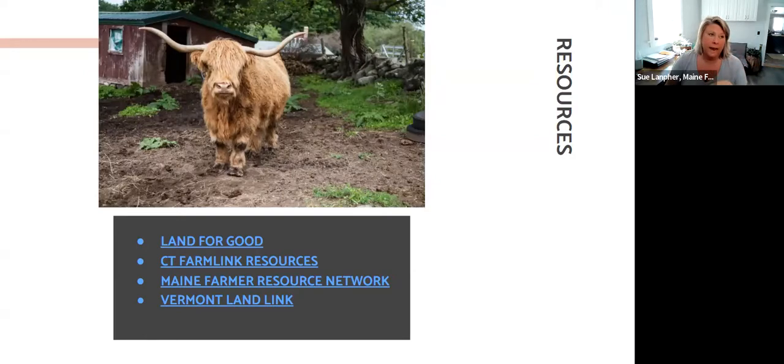Everything from farmland access to finding funding, soils information. It's a plethora. It is an amazing place to go look through. You could even do some self-testing and find out if what you're looking to do is the right fit for you. It's just a great place. And then Vermont Land Link is the other one, and they have their own resources as well. So those are 4 places that I highly recommend you could find probably an answer to whatever your question is. Outside of reaching out to one of us, we are always here to help.